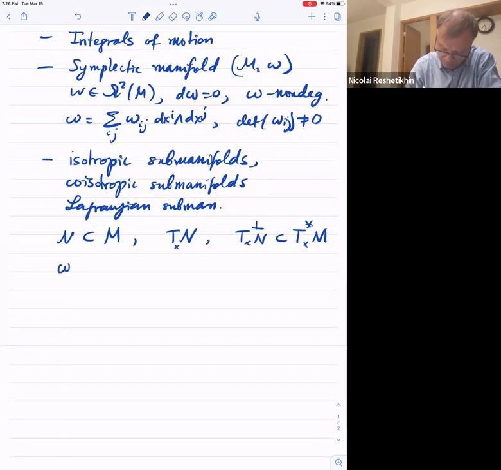But also omega is a two-form. So contracting it with tangent vectors, you get a map from the tangent bundle to the cotangent bundle. This map is an isomorphism because omega is non-degenerate.